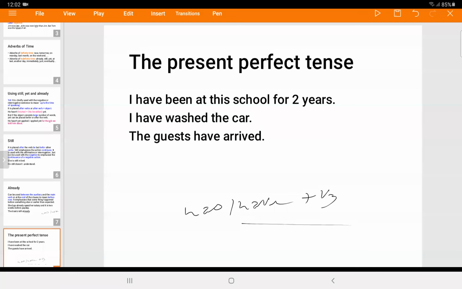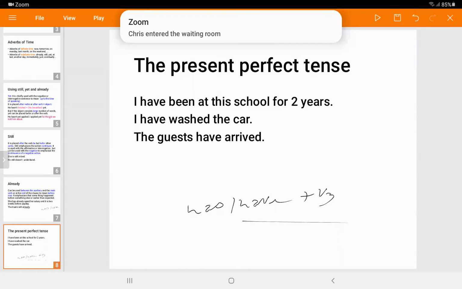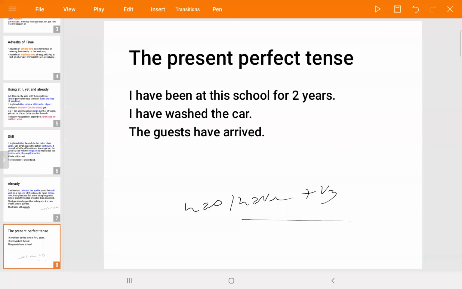Present perfect indicates the past time, and so present activities.